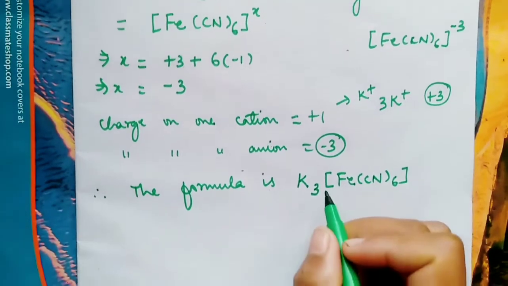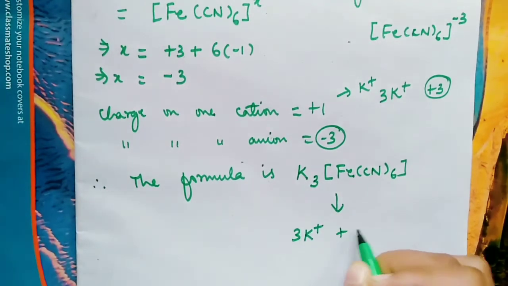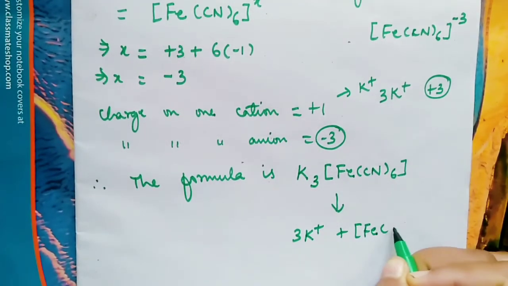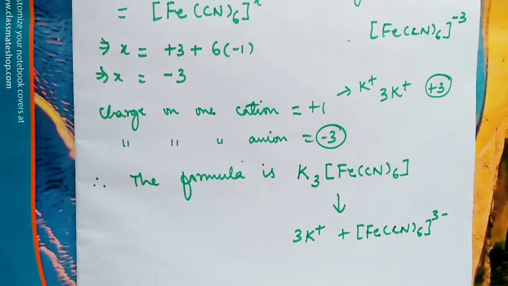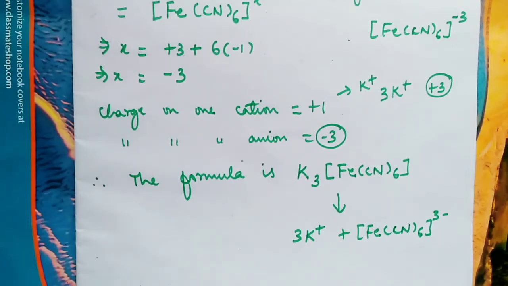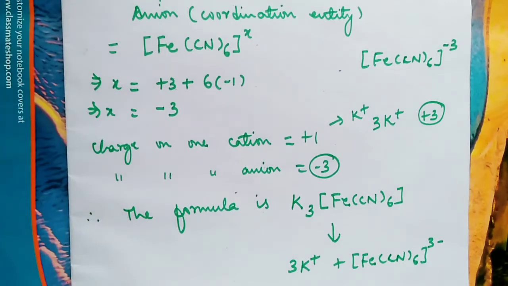Okay, why? Because this one will dissociate as 3K plus and Fe(CN)6 3 minus, okay, they get cancelled and the compound is neutral. So this is how we find the formula of a given compound when the name is given.